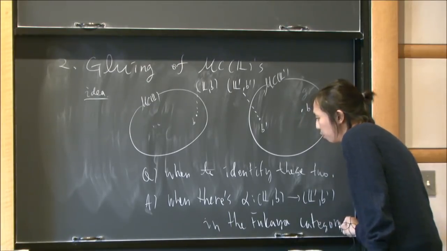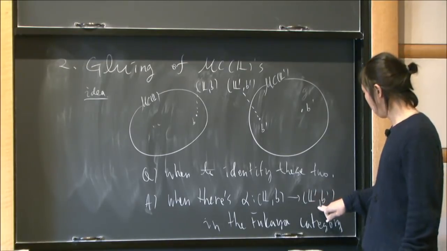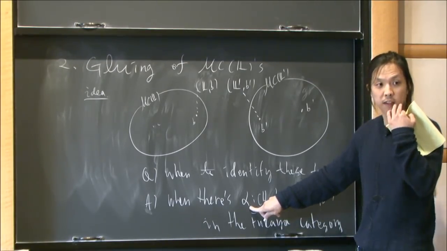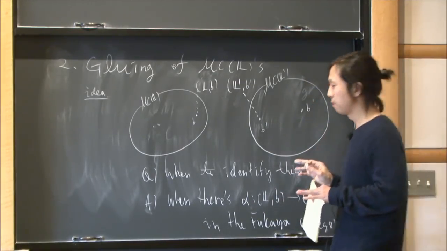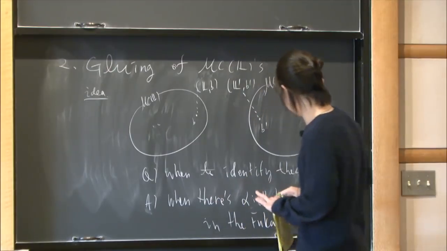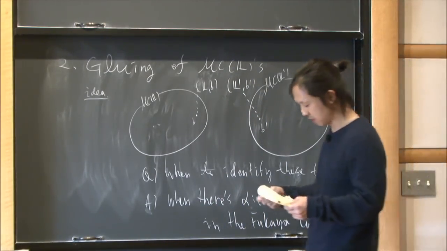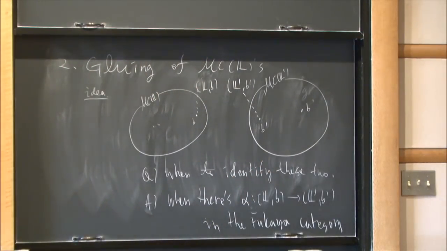Here, isomorphism means you also have a map from L prime to L which composes with alpha to give the identity, and the other way around too. So this is really like a categorical isomorphism. Or in fact, we should weaken the condition a little bit because we're in a homotopy world. Let me not mention this. So this is more or less an isomorphism you see in the category.